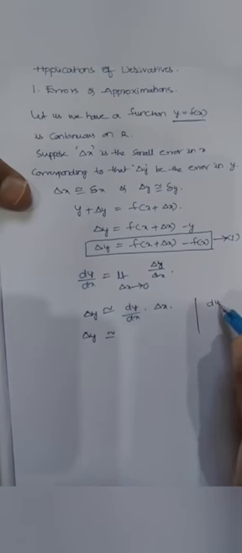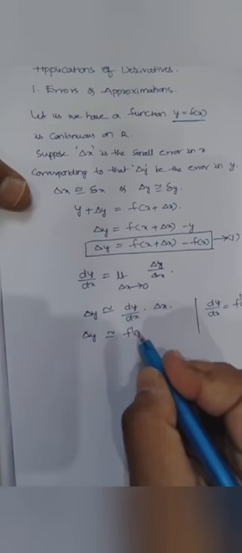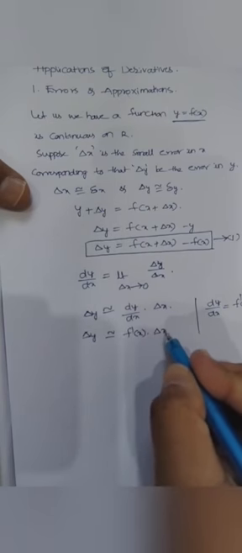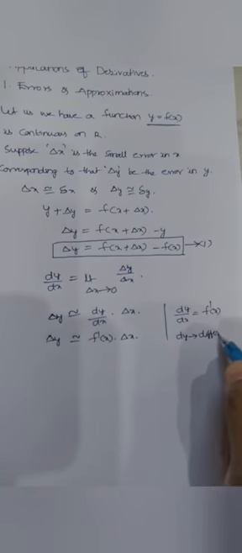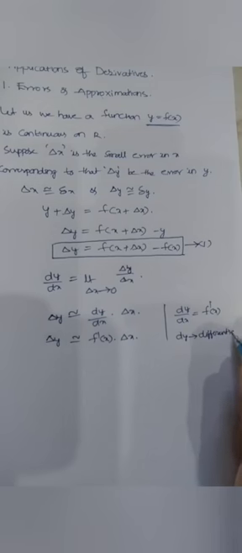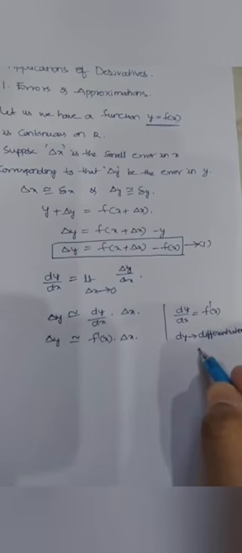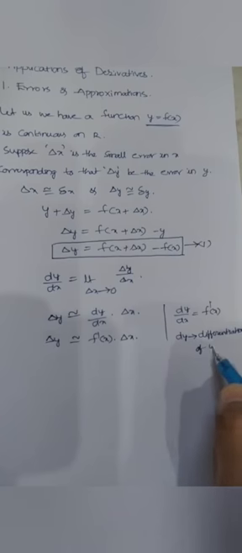Dy by dx means the differentiation of y with respect to x, so I am writing it as f dash of x into delta x. Now one more thing: dy is the differentiation of y.